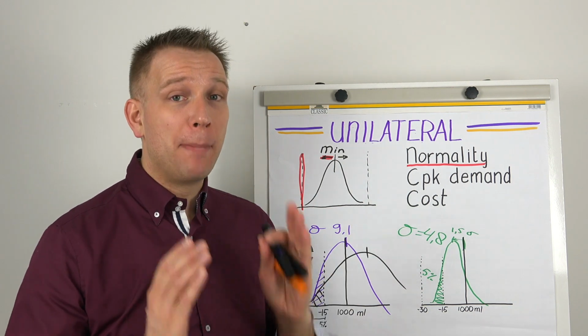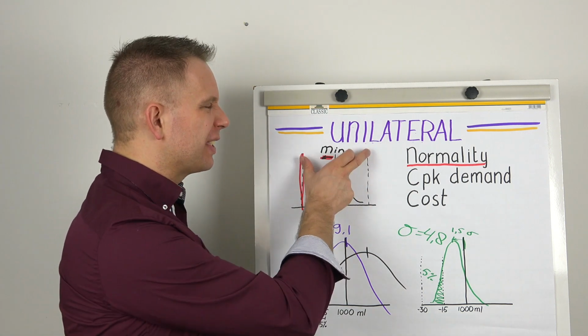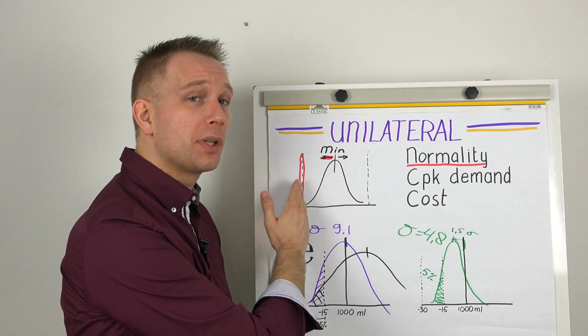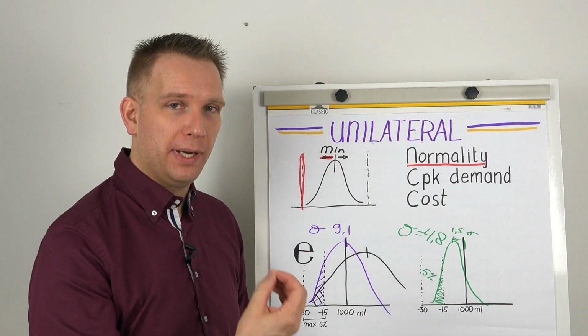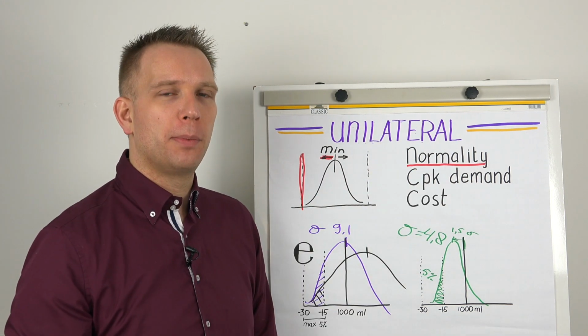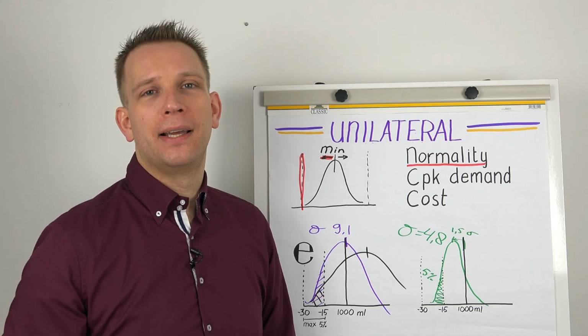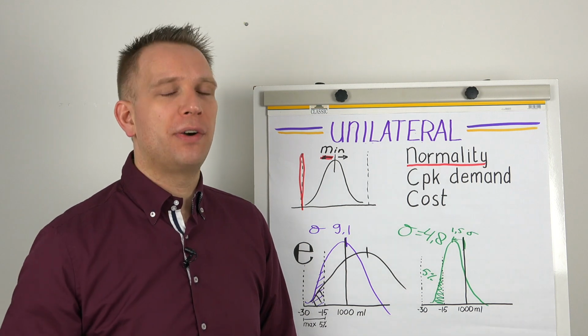And in many situations where you have a one-sided tolerance or a tolerance that has basically two sides, but one side is favored by the customer, there's almost always a bigger problem with normality than when you have a normal process just running with its natural variation.